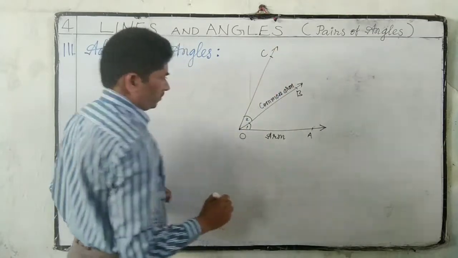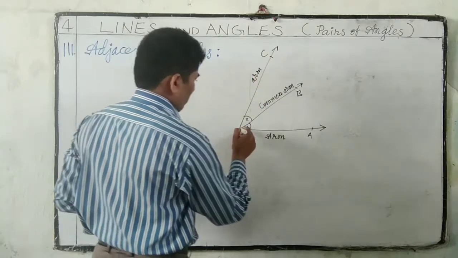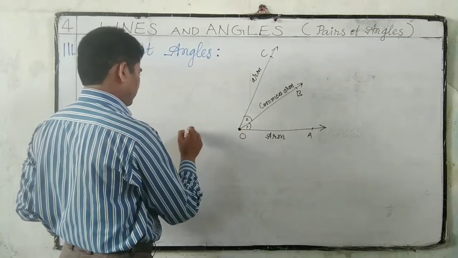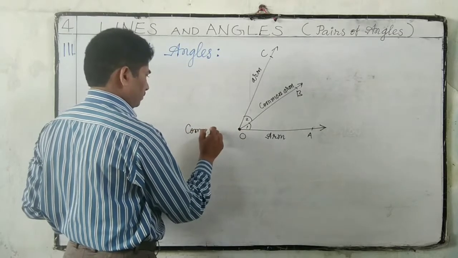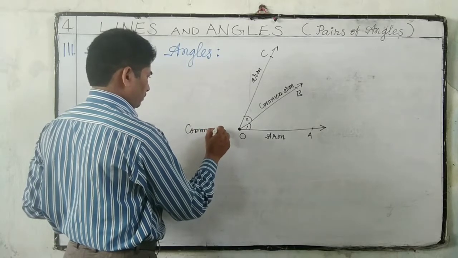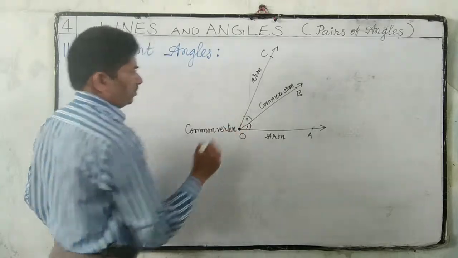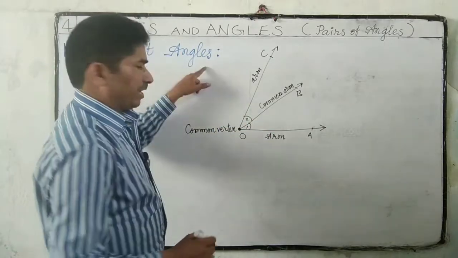OC, another arm. This is a common vertex. So these two angles are called adjacent angles.